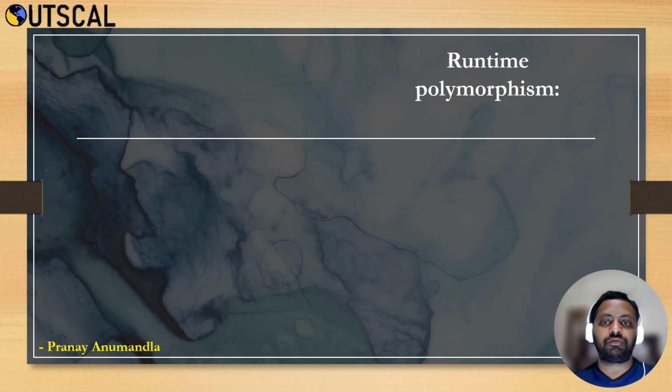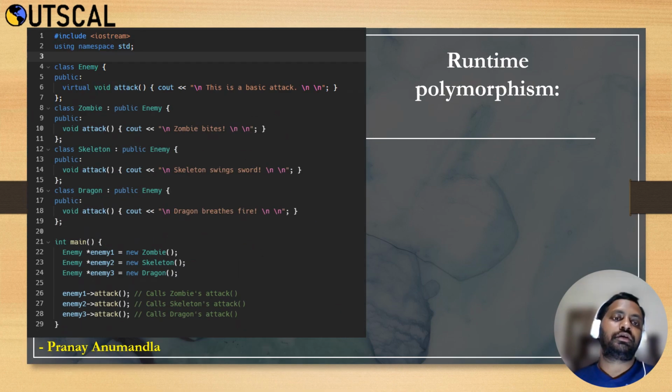Example on runtime polymorphism. This is the example. We have a class enemy, and the different enemies are zombie, skeleton, and dragon. They have their separate fields to know which object gets called. So we declare pointer objects for zombie, skeleton, and dragon.